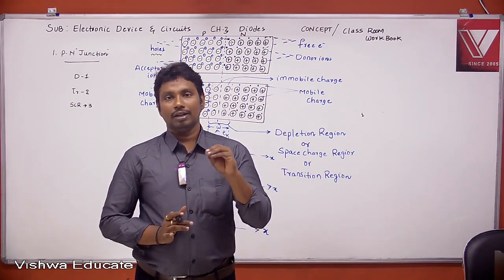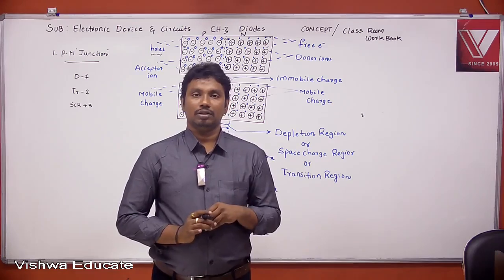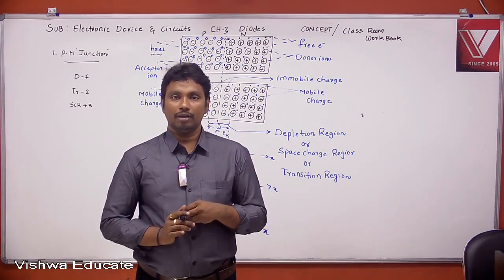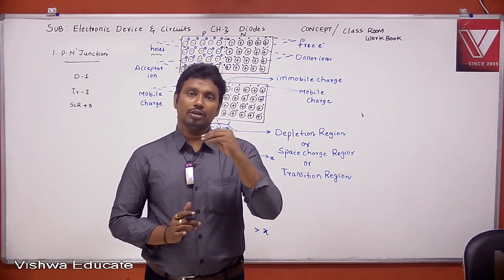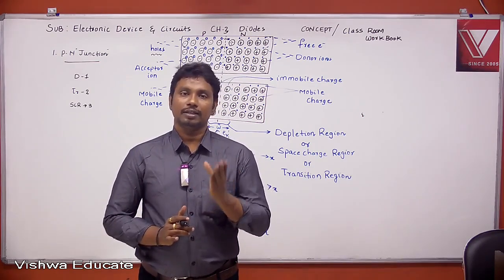At the junction, both electrons and holes recombine with each other and disappear.